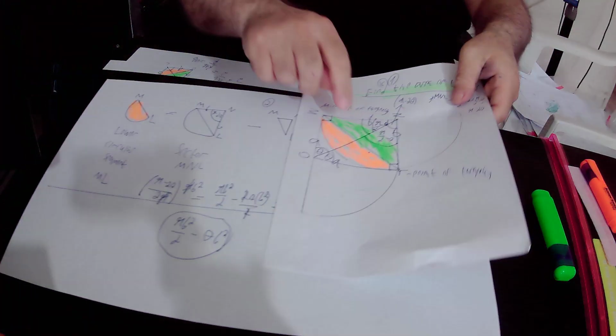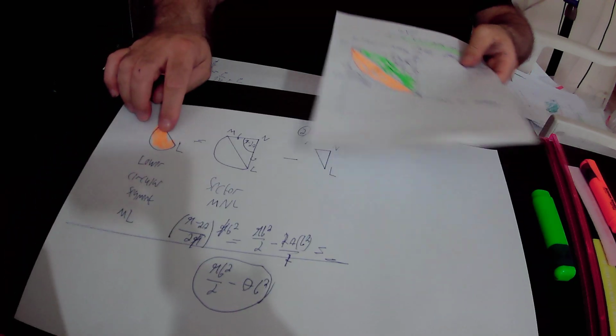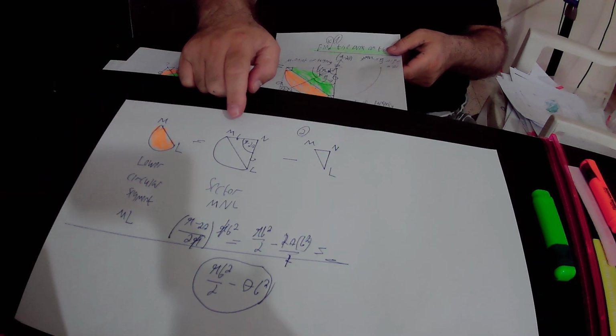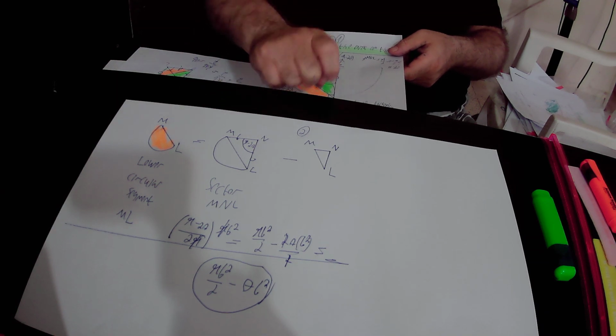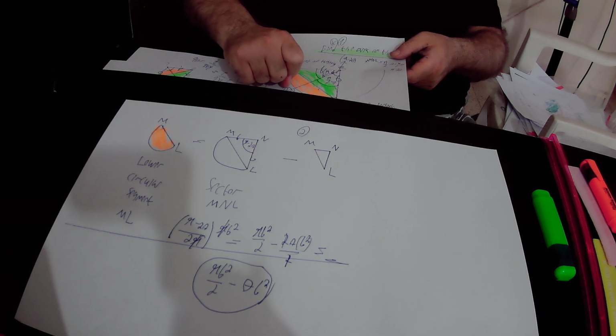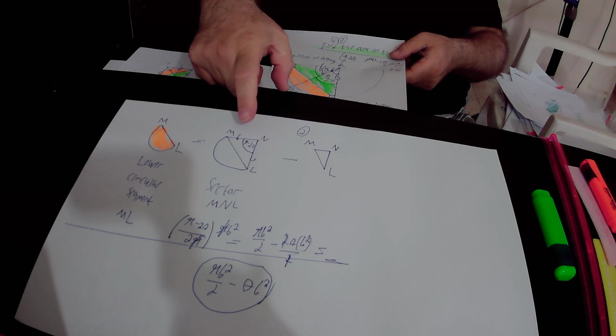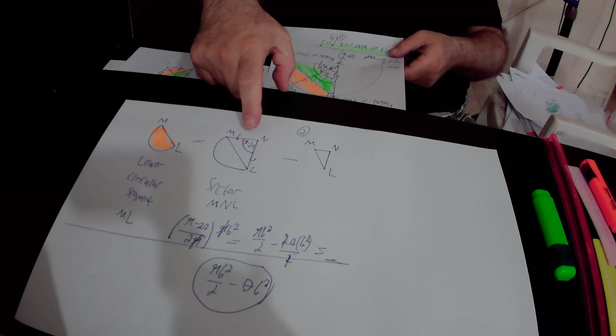Then we found out the area of the lower circular segment. The area of the lower circular segment equals the area of sector NML minus the area of triangle NML. The angle between the legs of the sector MNL is pi minus 2 theta.